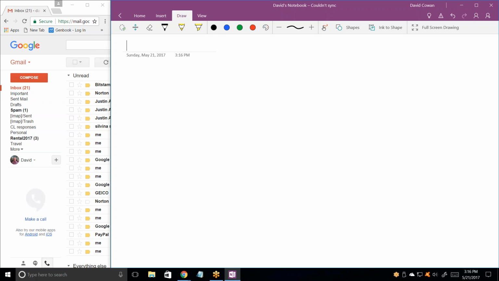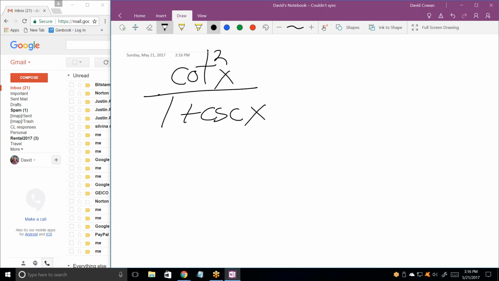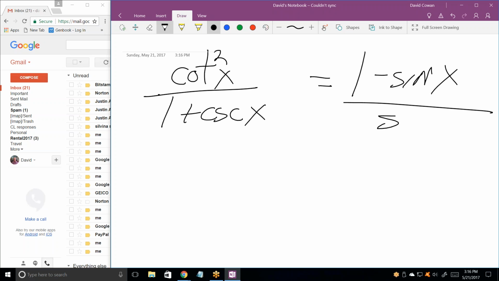Okay, cool. The next one is cotangent squared of x, over 1 plus cosecant of x, is equal to 1 minus sine of x, over sine of x. Automatically thinking Pythagorean identity. Alright, let's see.